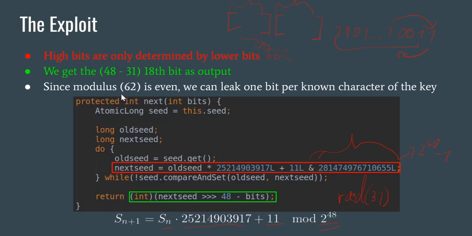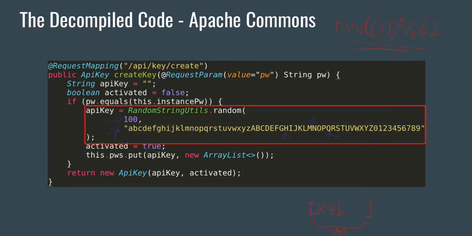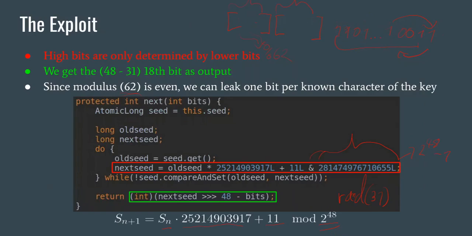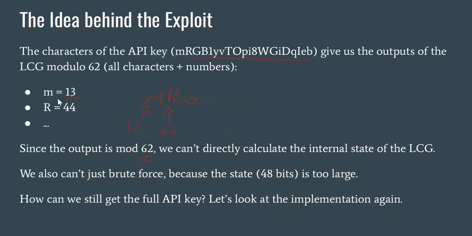Another observation is the modulus is 62, because our original string here is 62 characters long, right? So if we take an even number modulo 62, we get an even number. If we take an odd number modulo 62, we get an odd number. So actually, with every character in our API key, we leak 1 bit.